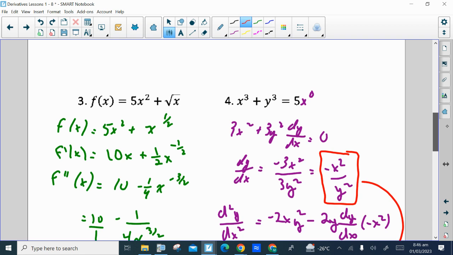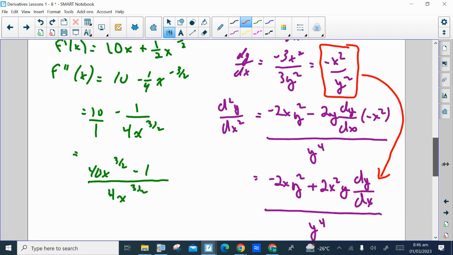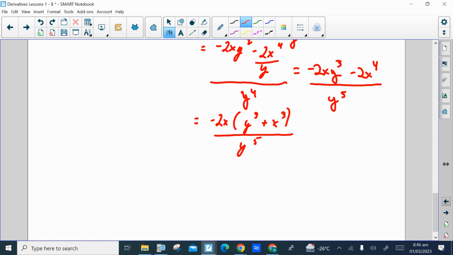That's our original expression. x cubed plus y cubed equals 5, so we can replace that y cubed plus x cubed by 5. And we'll get negative 10x all over y to the 5th. So a couple substitutions that we did there to simplify this expression.